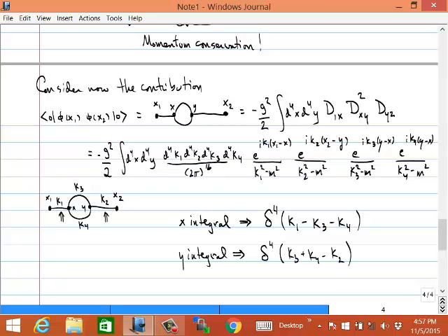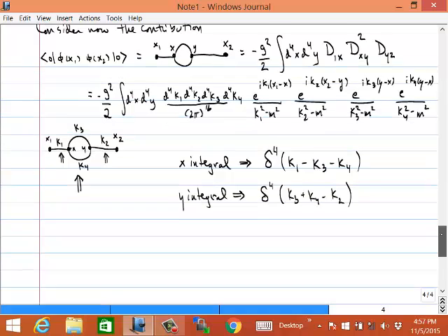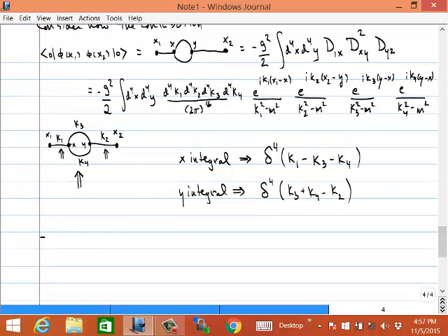So I want you to look at those delta functions for a second. The first one of those sets k1 equal to k3 plus k4. And if you look at this diagram right here, what does it mean to set k1 equal to k3 plus k4? Let me just redraw that diagram a little bit bigger.